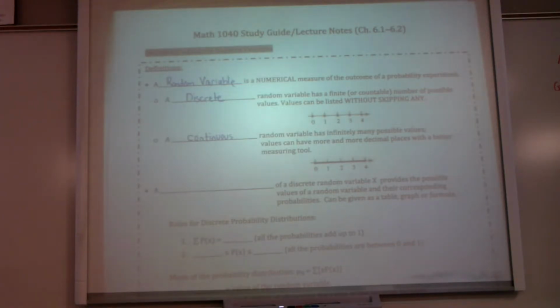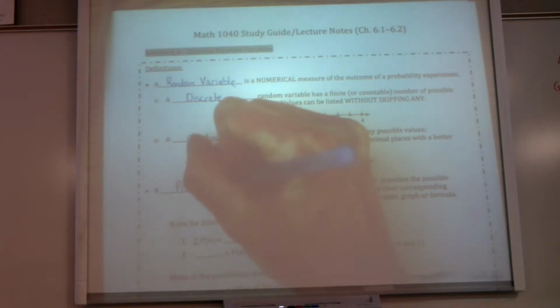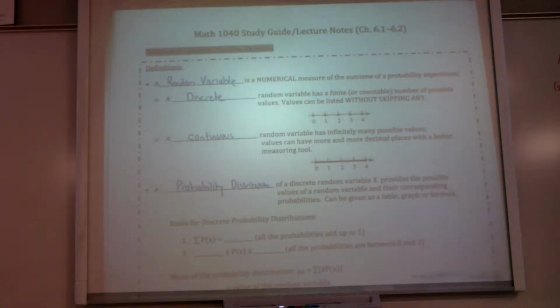All right, so now what we're going to go to next is what's called a probability distribution. This is only for discrete random variables, which is mainly what we're going to focus on. The probability distribution of a discrete random variable x provides the possible values of the random variable and their corresponding probabilities.